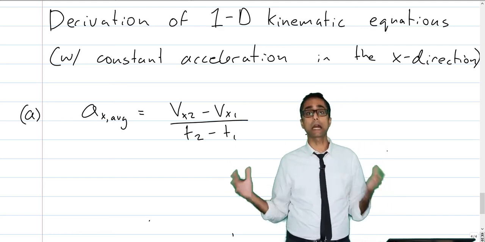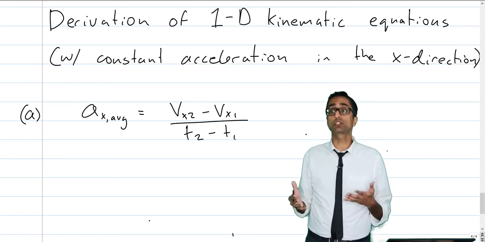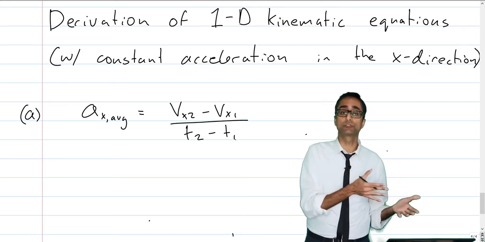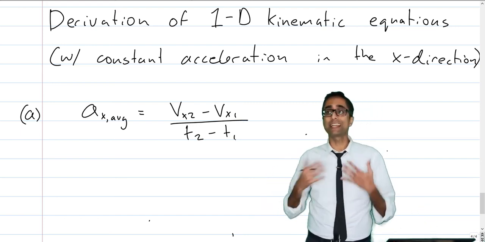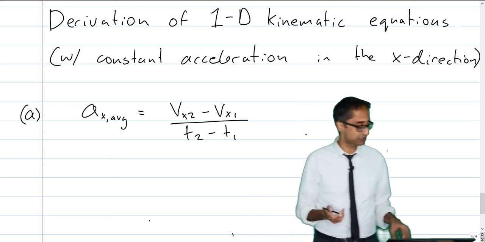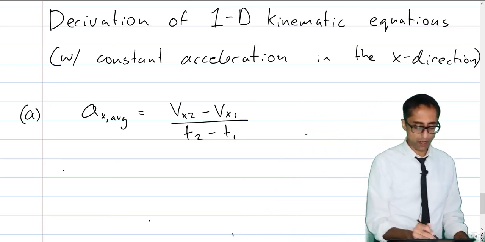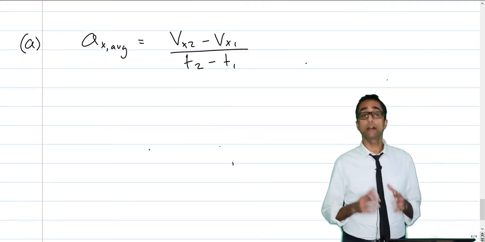When we talk about a time interval, what we really are talking about is usually starting our problem at t equals 0. And so if you start your problem at t equals 0, well then your delta t and your t2 are the same thing.